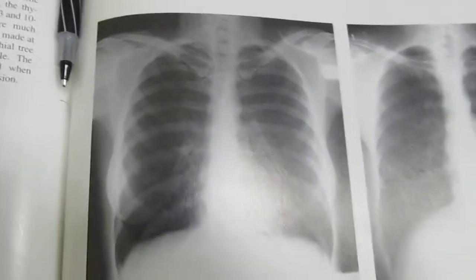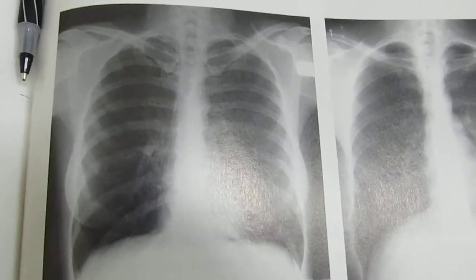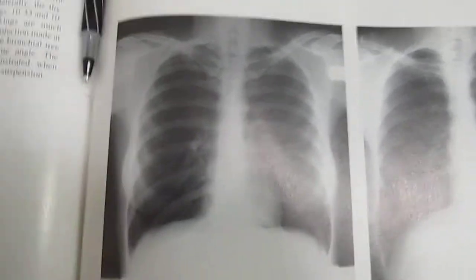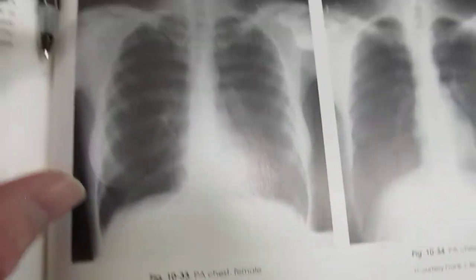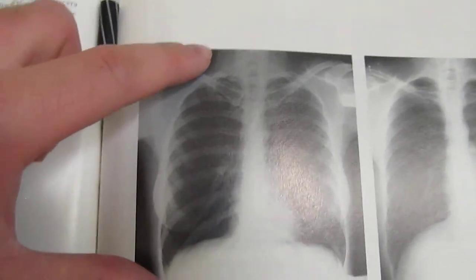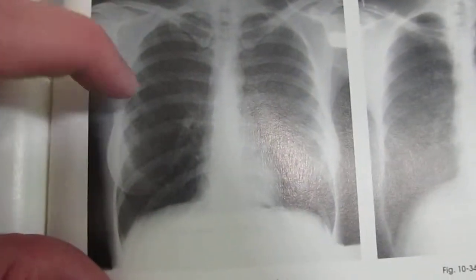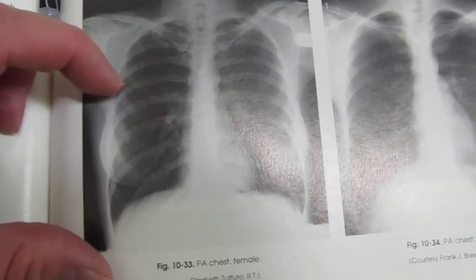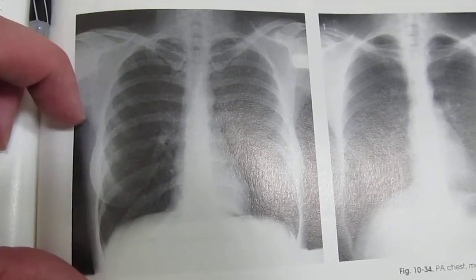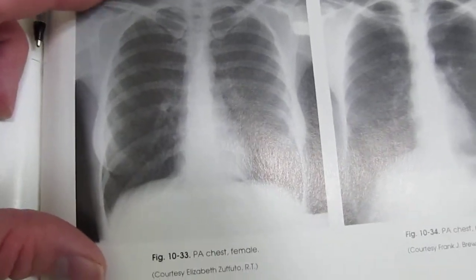This is the PA. And I would look for the criteria. So first of all, we look for the anatomy. We have the angles and the costophrenic angles and the apices both on the film. And then I see the scapula are out of the lung field. I count 8 to 10 ribs for a good inspiration.